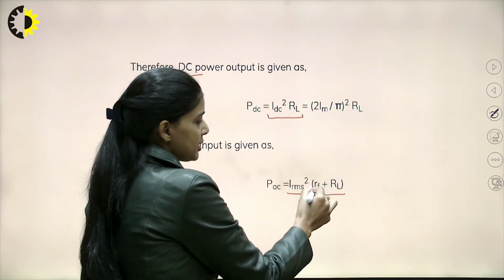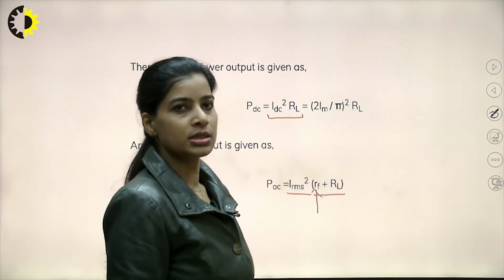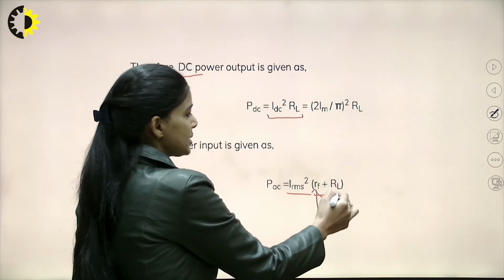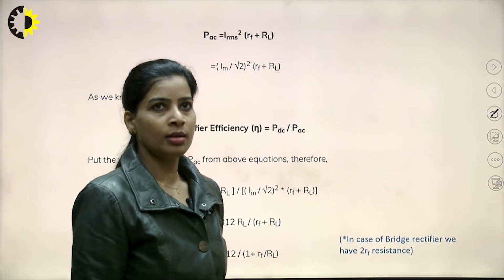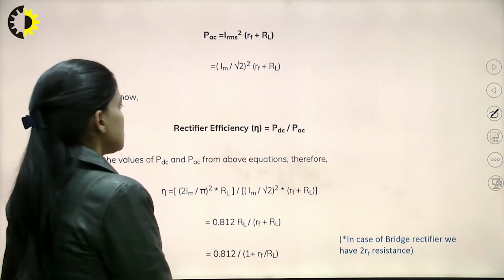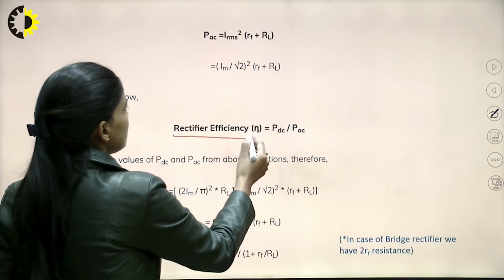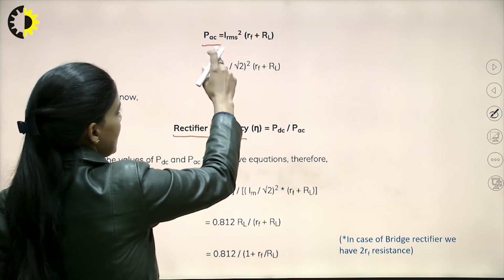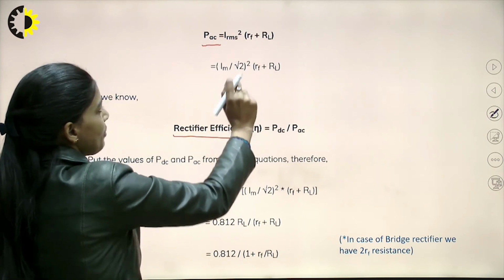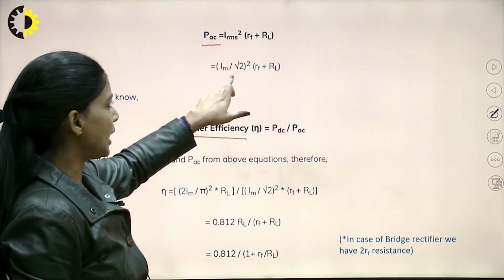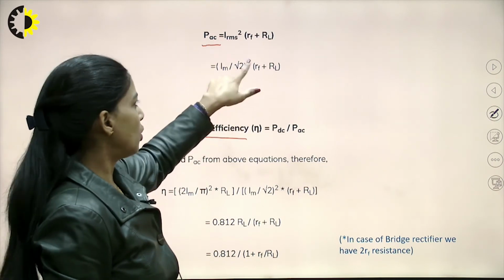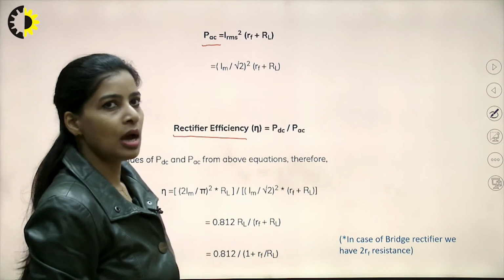This RF is the forward resistance of the diode, and this RL is the load resistance. So, for rectifier efficiency, this is the same expression, PAC is IRMS square into RF plus RL, and putting the value of IRMS, Im by root 2 whole square into RF plus RL.